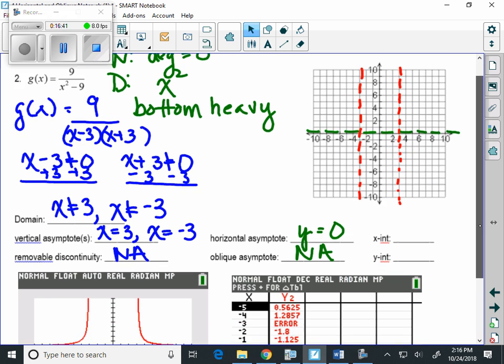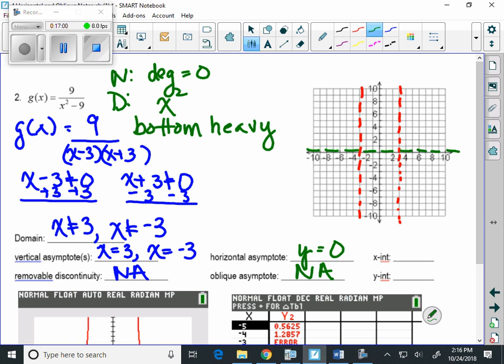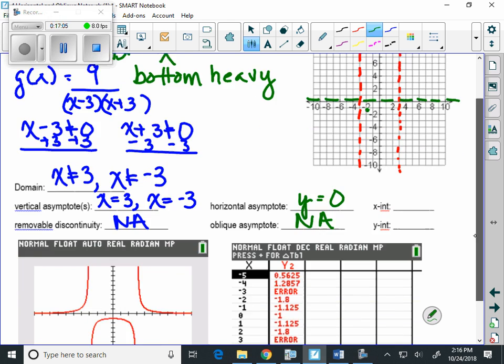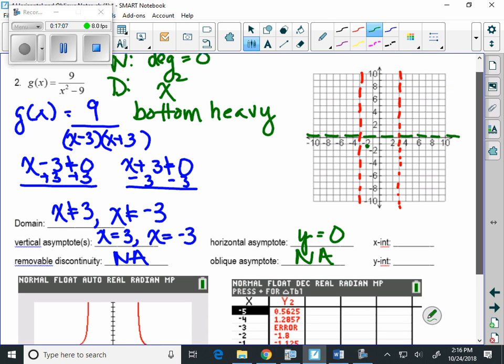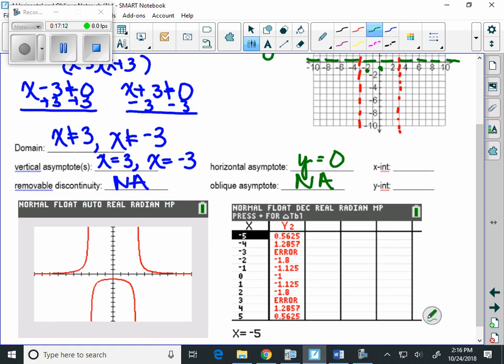And I've got some pictures up here of the table. And we don't have very many nice points in here, but we can make it work. Here, for instance, we've got -2, -1.8. We have 0, -1. And I also have +2, -1.8.